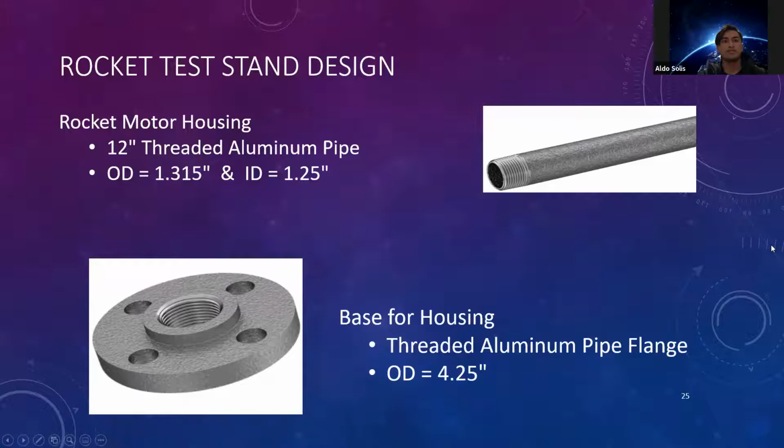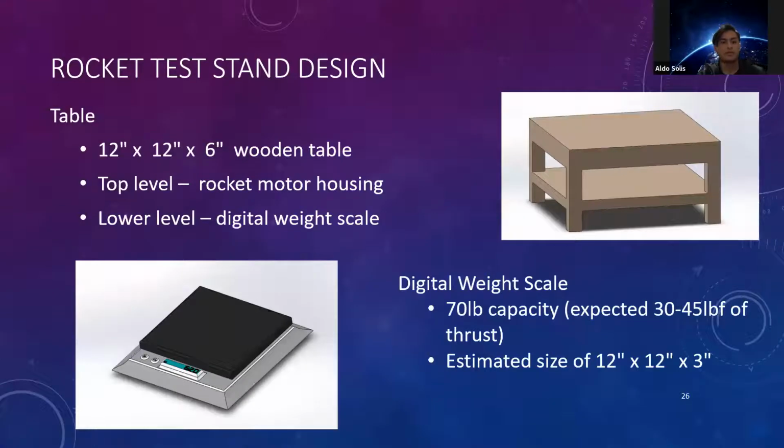The housing will be fixed onto a wooden table where a digital weighing scale of 70-pound capacity will be used to measure the rocket motor thrust. And then here are the visuals for the testing table and the digital weight scale to be used.